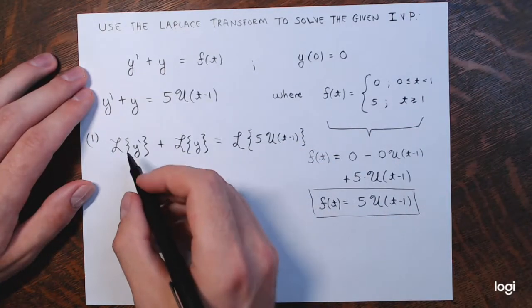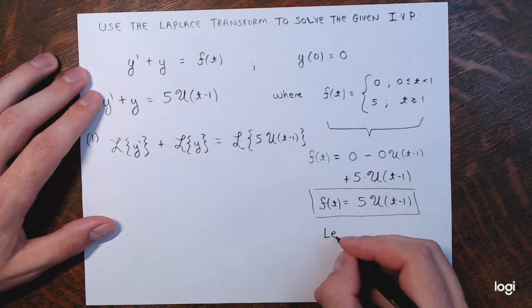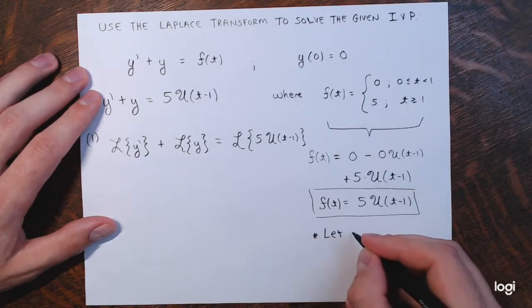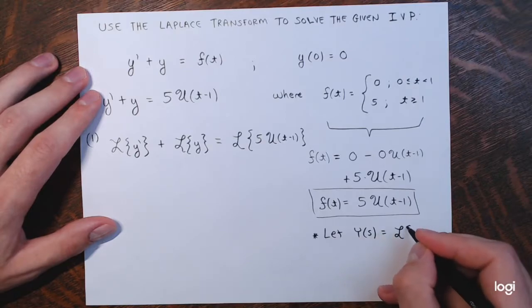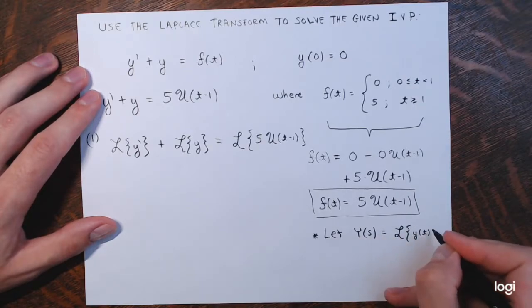Off to the side here, I'm going to let capital Y of s be the Laplace transform of little y of t.